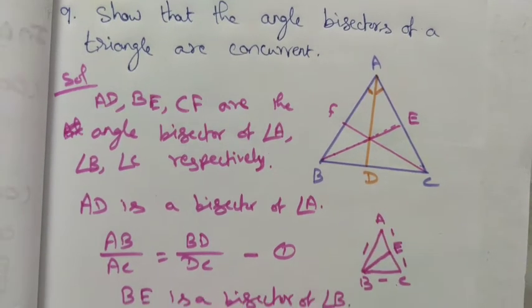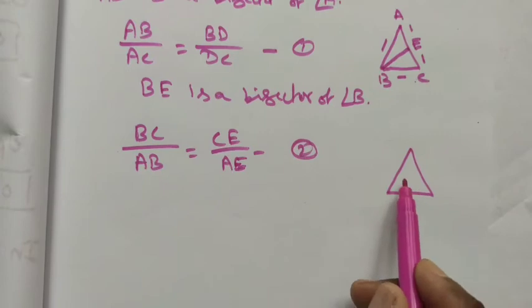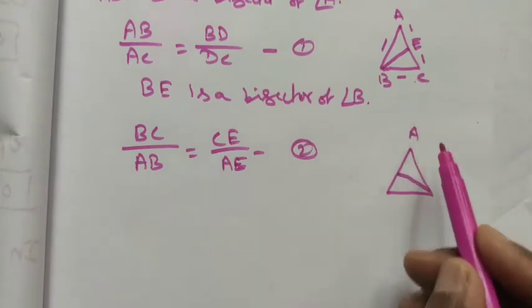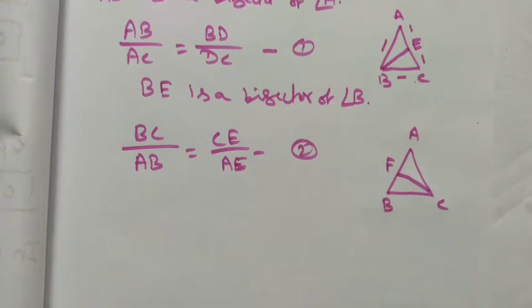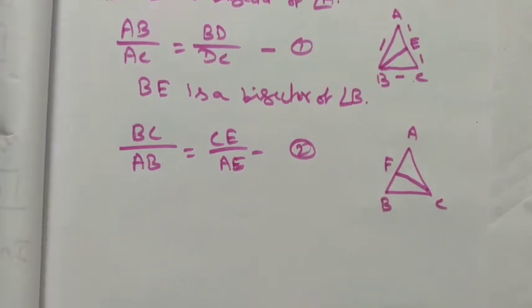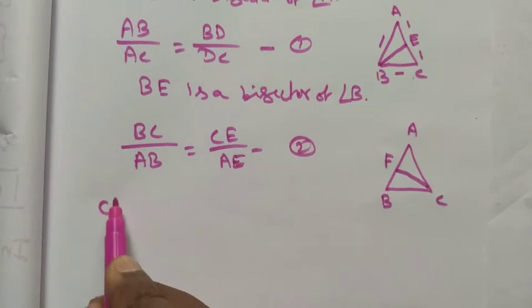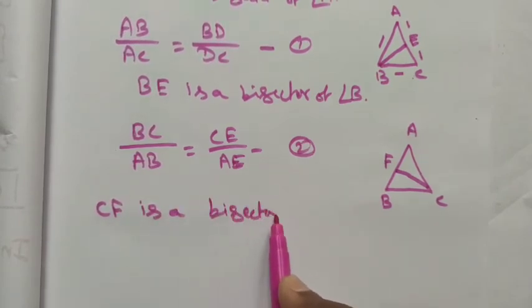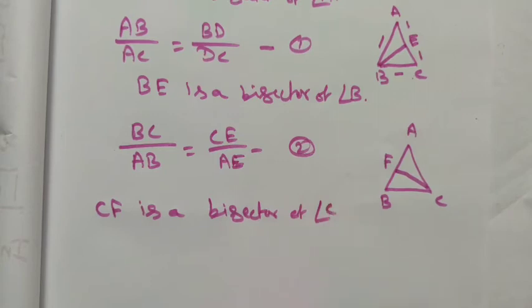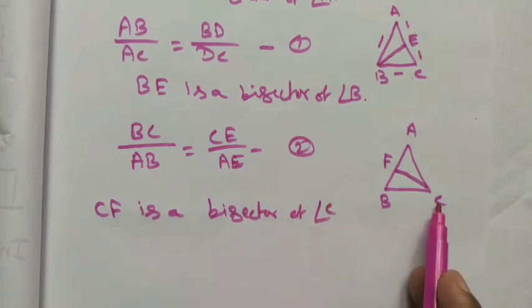So from the third point C we are drawing, that is A, B, C. CF is the angle bisector of angle C.